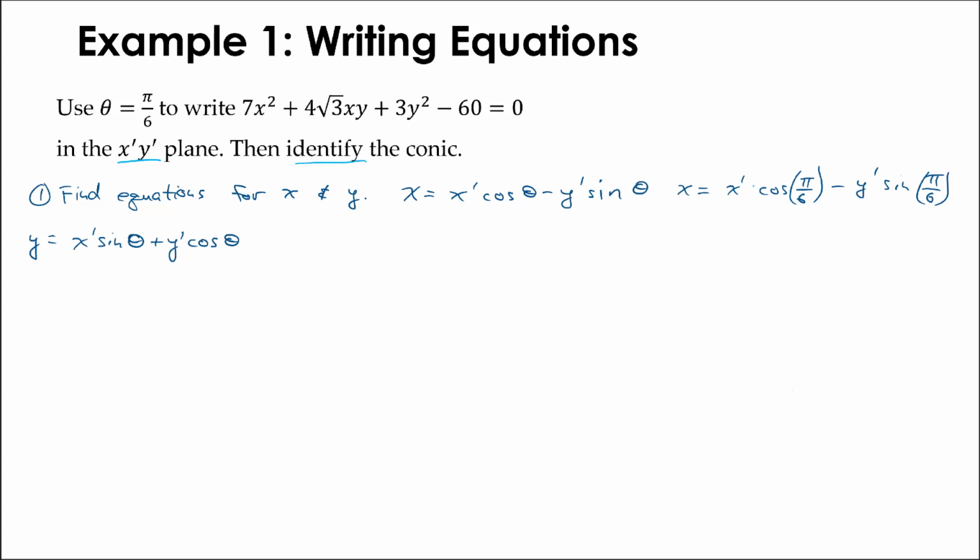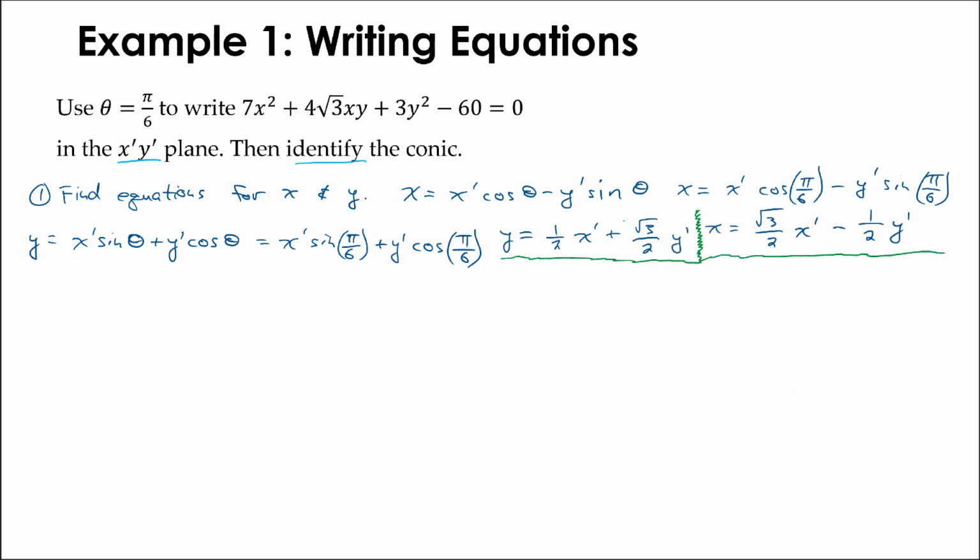So I've got x prime cosine of pi over 6 minus y prime sine of pi over 6. And then for y down here, I've got x prime sine pi over 6 plus cosine pi over 6 times y prime. So these are going to be our two equations for x and y. Go ahead and box those.